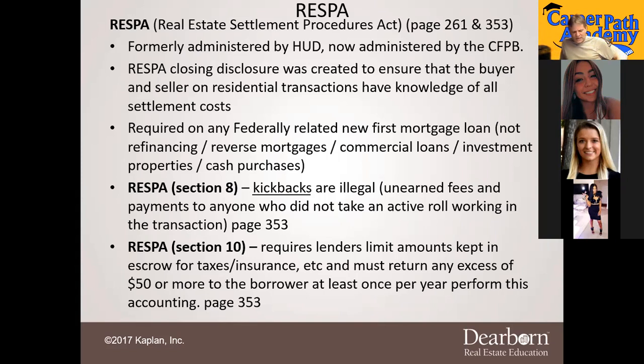However, if the lender does require an escrow account, RESPA limits the amount of escrow reserves required by a lender to pay property taxes, hazard insurance, and other charges. Highlight: at least once a year, lenders must return overages of $50 or more. So, Section 10 of RESPA.